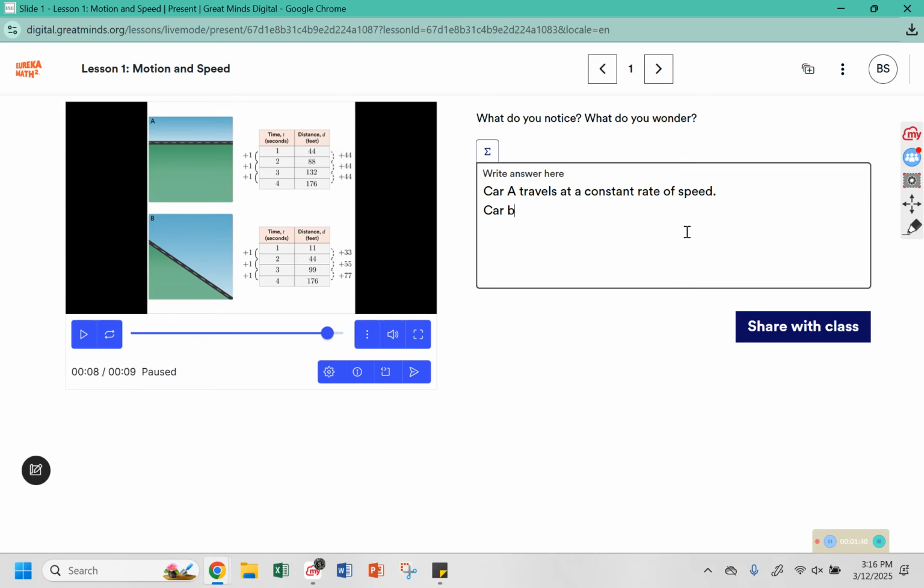However, car B does not travel at a constant speed. It is actually picking up speed as it goes. The more time that passes, the more distance it travels.